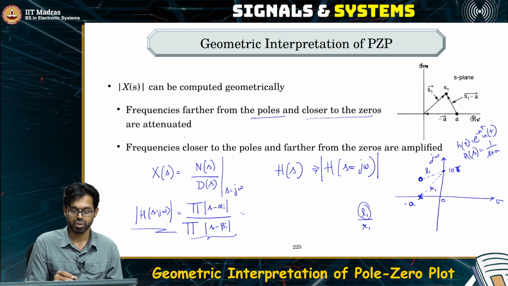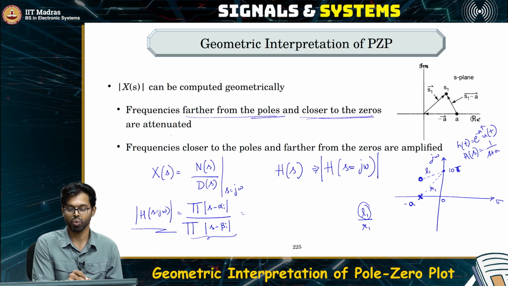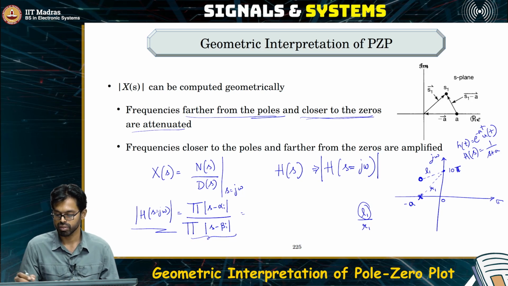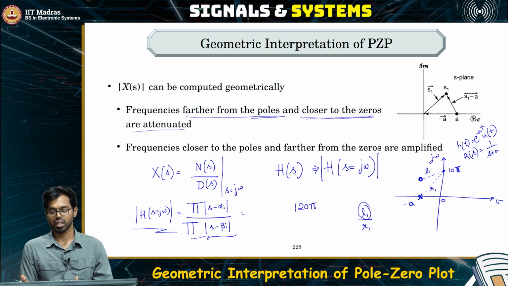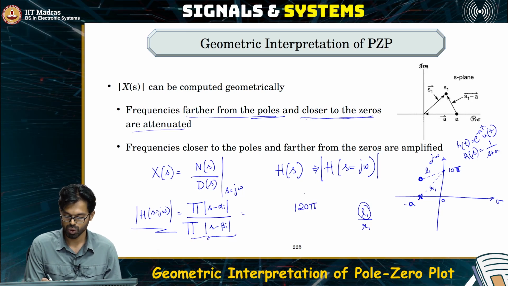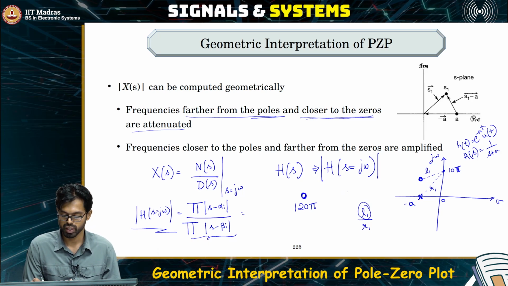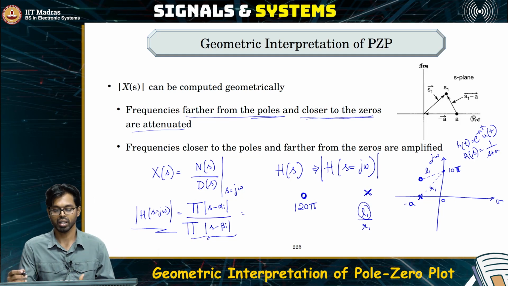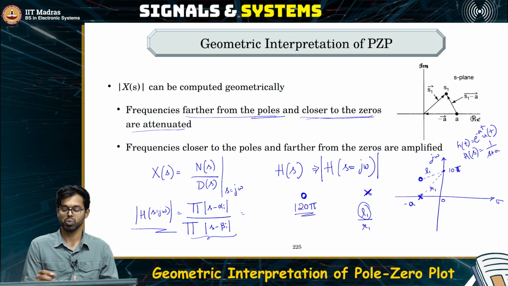So you should stay away from the poles and closer to the zeros if you want to attenuate a particular frequency. If you want to, let's say, attenuate a frequency of 120 pi, then you should design a circuit such that there is a 0 closer to 120 pi, or there is a pole which is very, very far away from 120 pi. In that case, this behaves like a circuit which attenuates 120 pi.